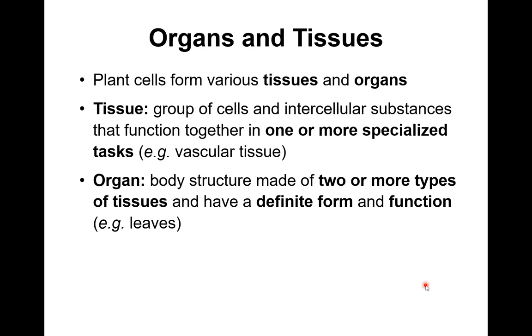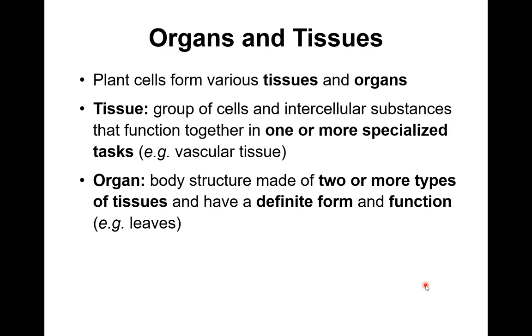For example, we can talk about vascular tissue. These are cells that are working together with the goal of moving material across the plant. We can talk about epidermal cells or epidermis as a tissue. We're talking about cells that work together to form a layer that can separate, if you want, the outside from the inside of the plant.